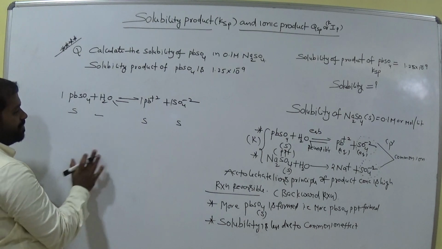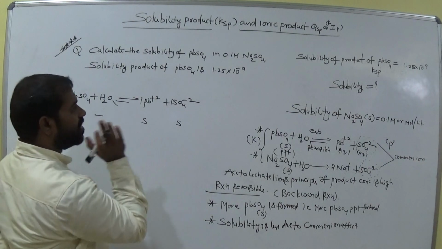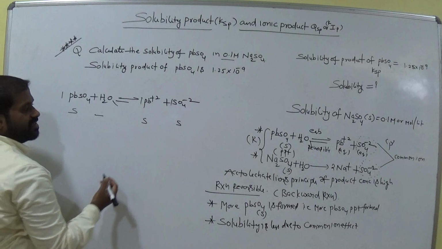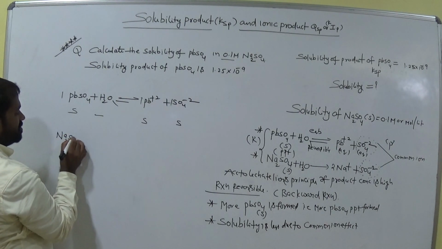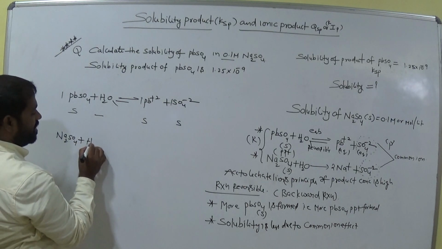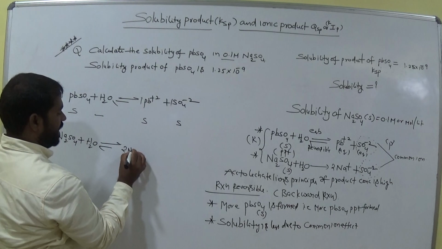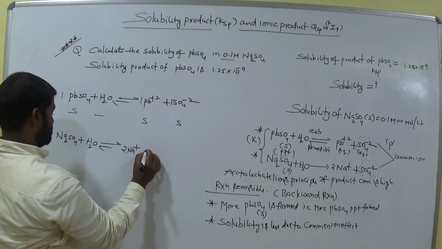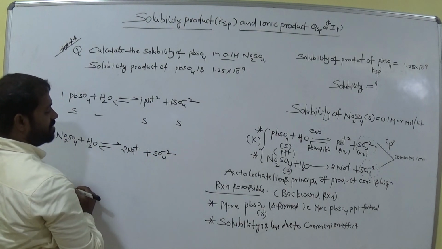Clear? Up to now, what did we add here? We add 0.1 solubility of sodium sulfate. That means sodium sulfate in water gives 2Na+ and SO4 2-, am I right?